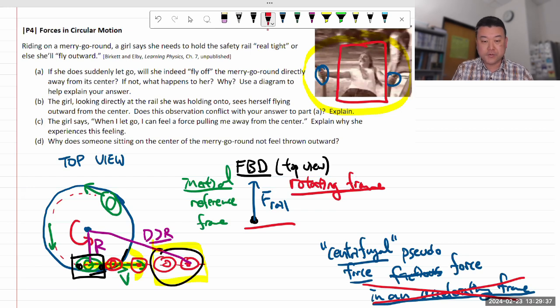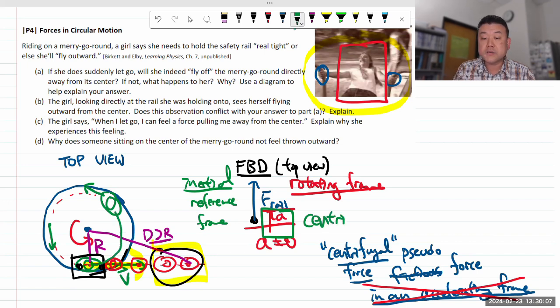Now, as you look at it, you can clearly see that acceleration is not 0. If anything, you have an inward acceleration that goes with your net force coming from the force of the rail. How, you might ask, when she's staying in place on the merry-go-round? She's not moving inward. How is she accelerating inward? That's where you have to remember that whenever something is moving in a circle, like this girl on the merry-go-round, there is going to be centripetal, center-seeking acceleration.